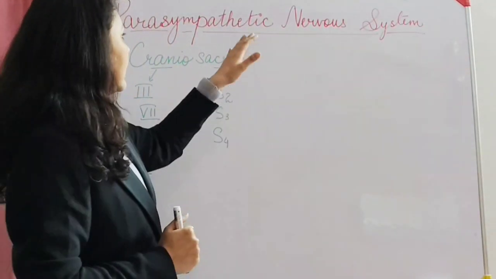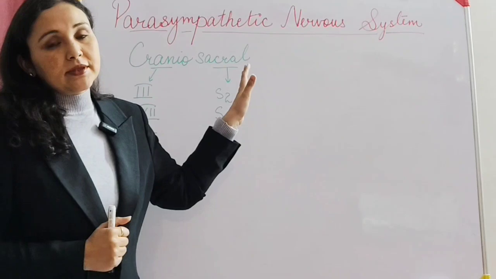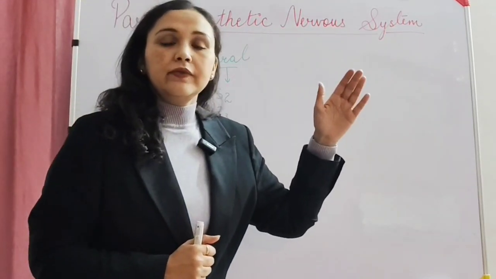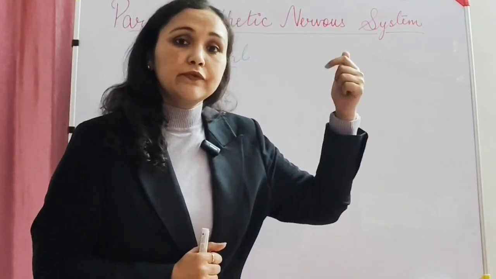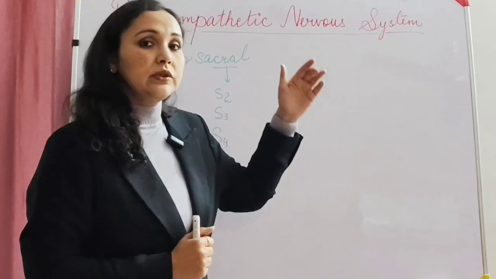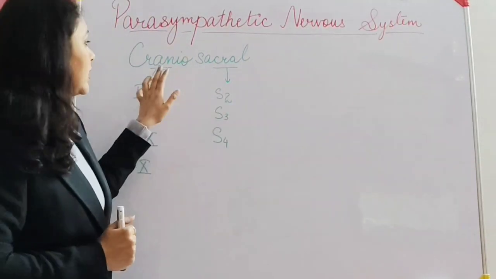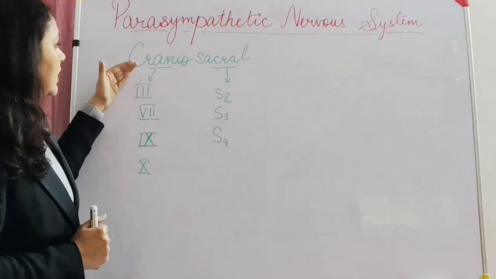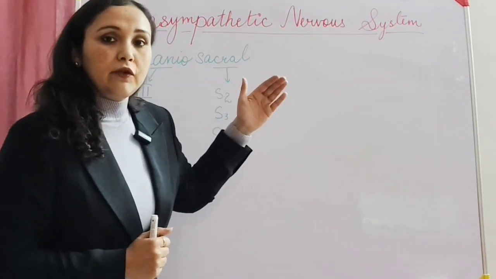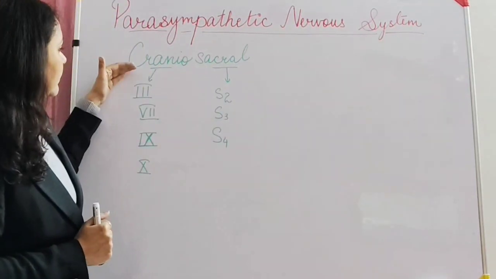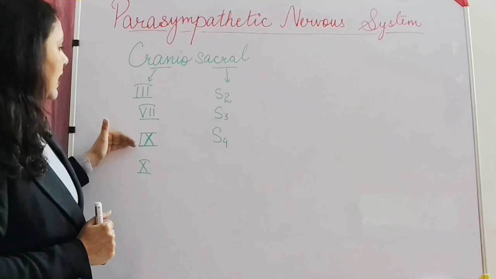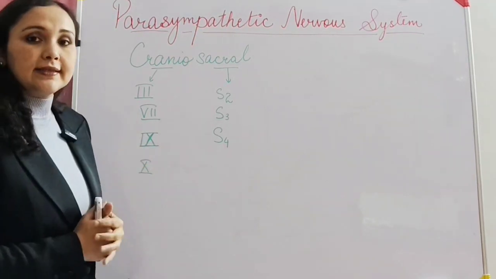Now, another name for the parasympathetic nervous system. For the sympathetic, we called it thoracolumbar because it was from T1 to L2. The parasympathetic is called the craniosacral outflow. The craniosacral outflow means the parasympathetic flow goes along the cranial nerves 3rd, 7th, 9th and 10th. What are these nerves?